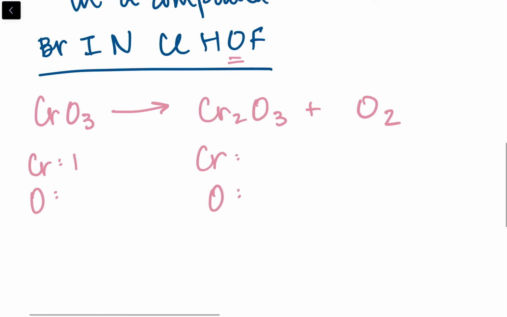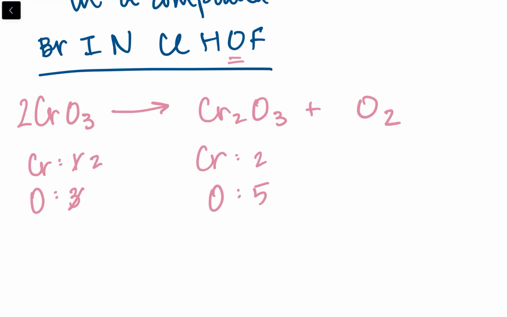We have 1 chromium and 3 oxygen, 2 chromium, and 3 plus 2 is 5 oxygen. So this is clearly not balanced. So we're going to put a 2 right here so that we can match up the chromiums, and results in 2. I'm going to quickly update our inventory.